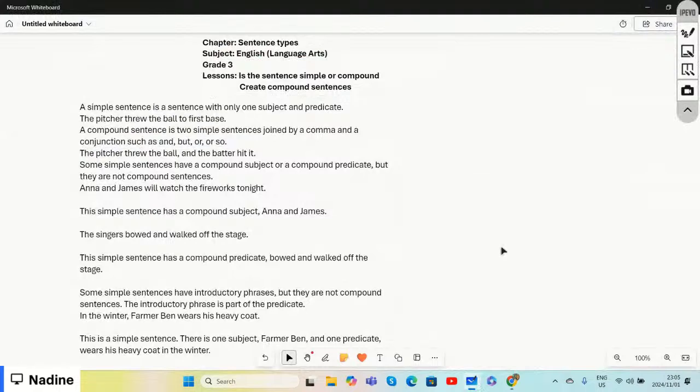All right, so our chapter is sentence types. Our subject is English language arts. We're doing grade 3.